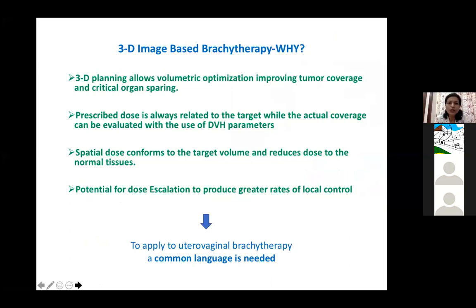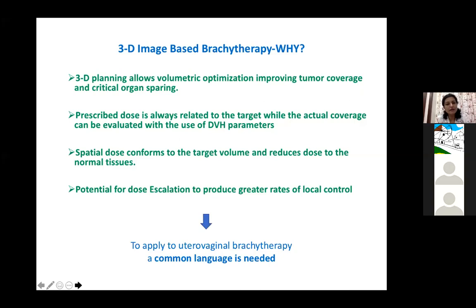So why do we need this image-based brachytherapy? Firstly, once we have a 3D planning, it allows a volumetric optimization, which helps in improving the tumor coverage and, of course, critical organ sparing. And once we are using this volume-based concept, we know that the dose prescription is always related to the target, and actual coverage can be assessed by using various dose volume parameters.